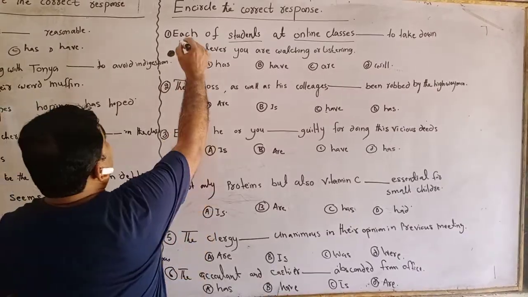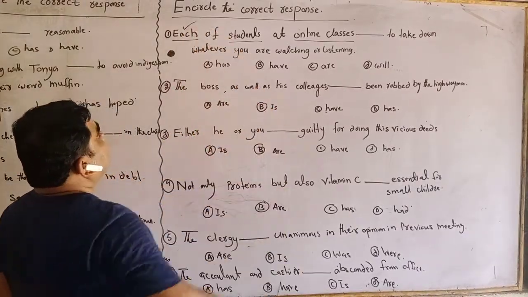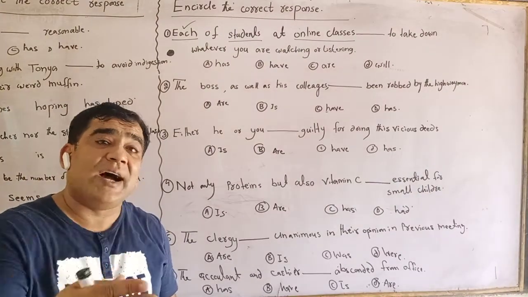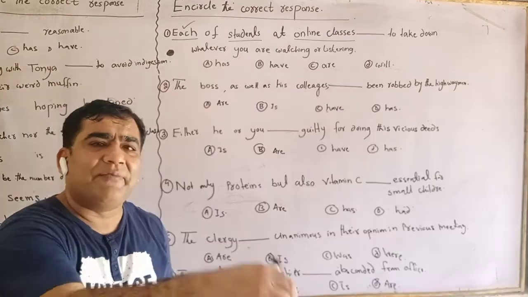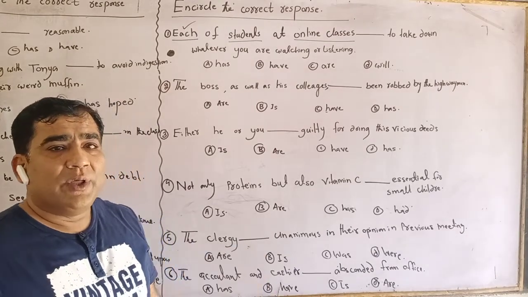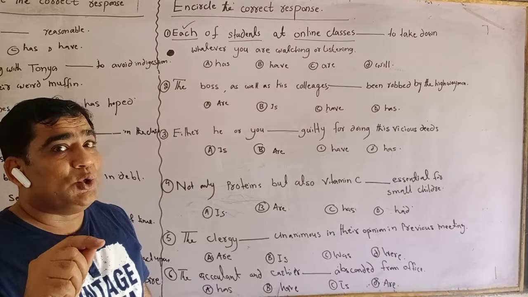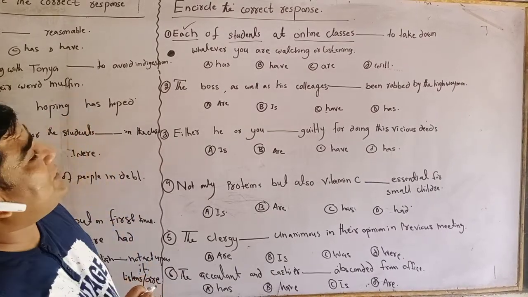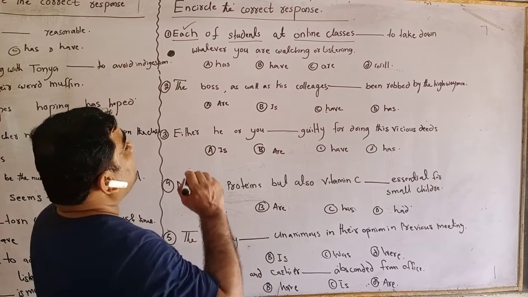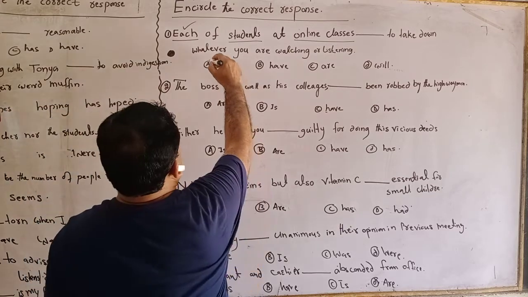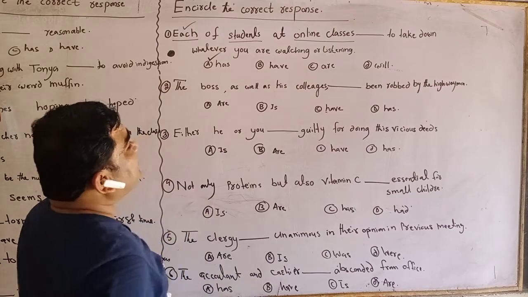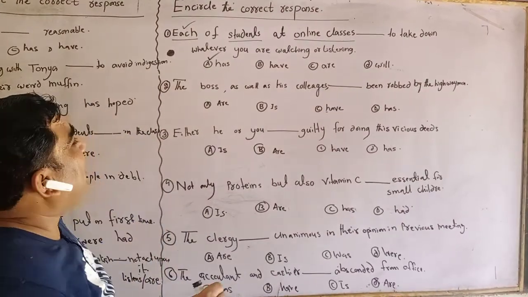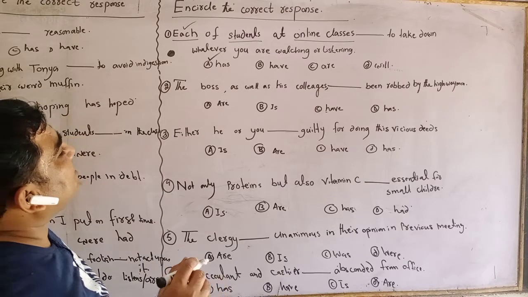Where I have told you there is each, every, each and every, wherever you find each of, whatever is written after of, what will you do? We have to agree with the singular verb, right? Each of the students at online classes has to take down, which means write down, note down, whatever you are watching or listening.